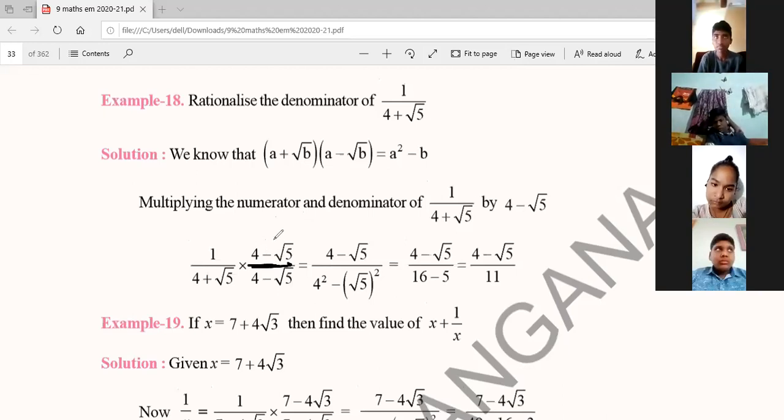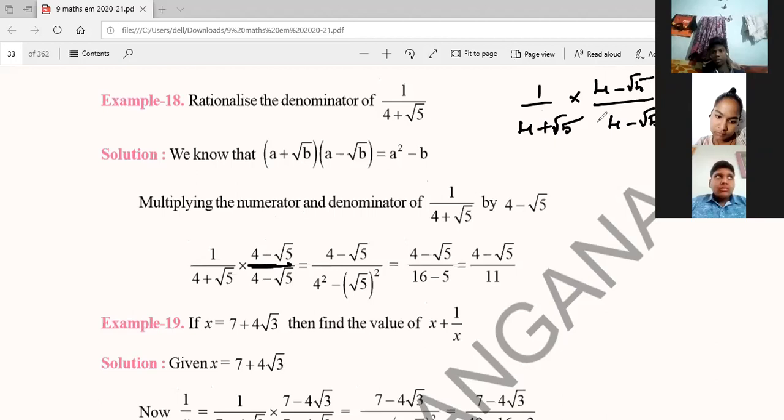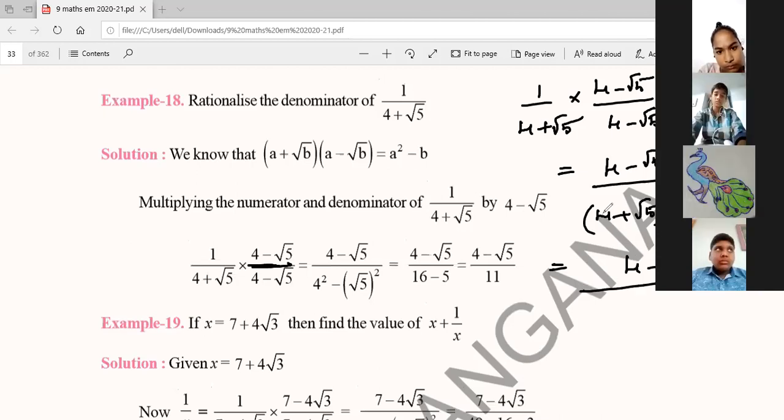So 1 by 4 plus root 5 becomes 4 minus root 5 by 4 minus root 5 times 1 by 4 plus root 5, that is 4 minus root 5 by (4 plus root 5)(4 minus root 5).